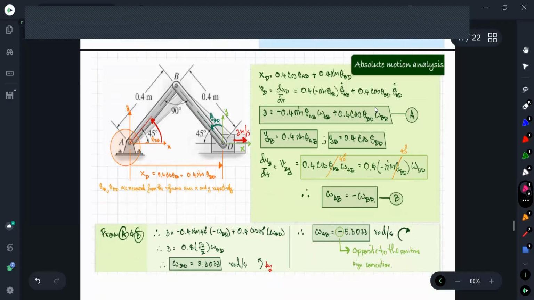And if we move to the next, that is the case where we apply the absolute motion analysis instead. For this case, I set up the axis at point A. You see that this slide is a little bit different from when we worked together on Wednesday.